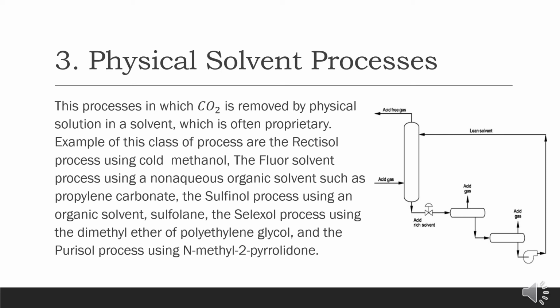Examples of this class of process are the Rectisol process using cold, approximately minus 60 degrees Celsius methanol, the Fluor Solvent process using a non-aqueous organic solvent such as propylene carbonate, the Sulfinol process using an organic solvent, sulfolane or tetrahydrothiophene dioxide, the Selexol process using the dimethyl ether of polyethylene glycol, and the Purisol process using N-methyl-2-pyrrolidone.